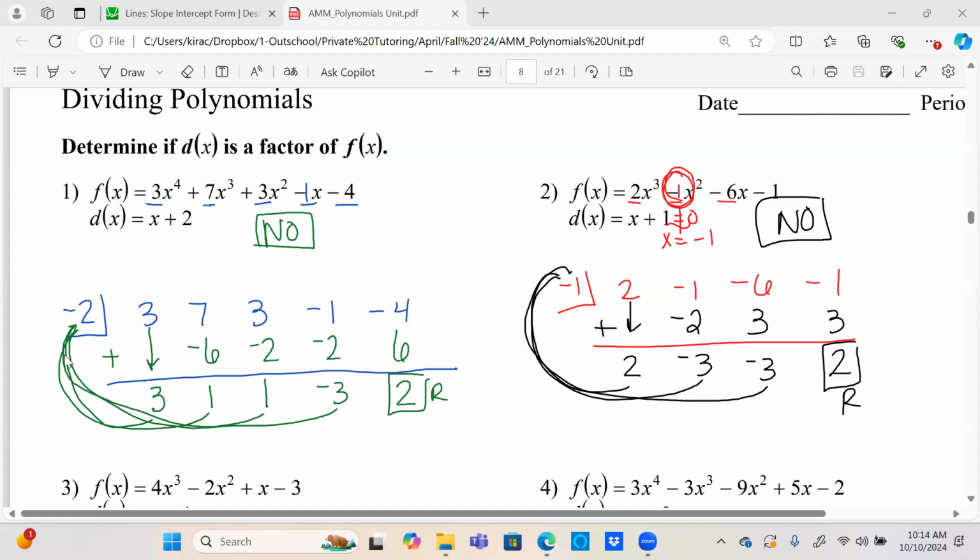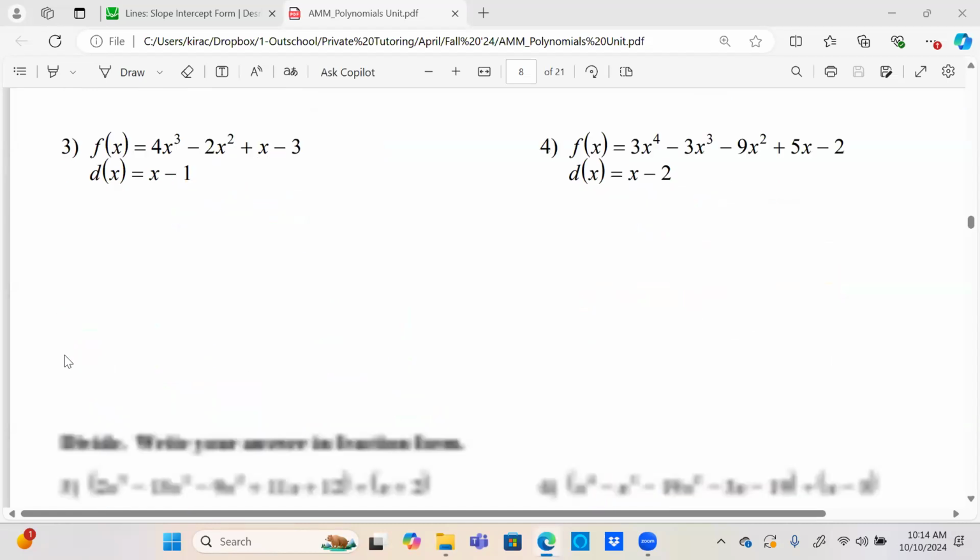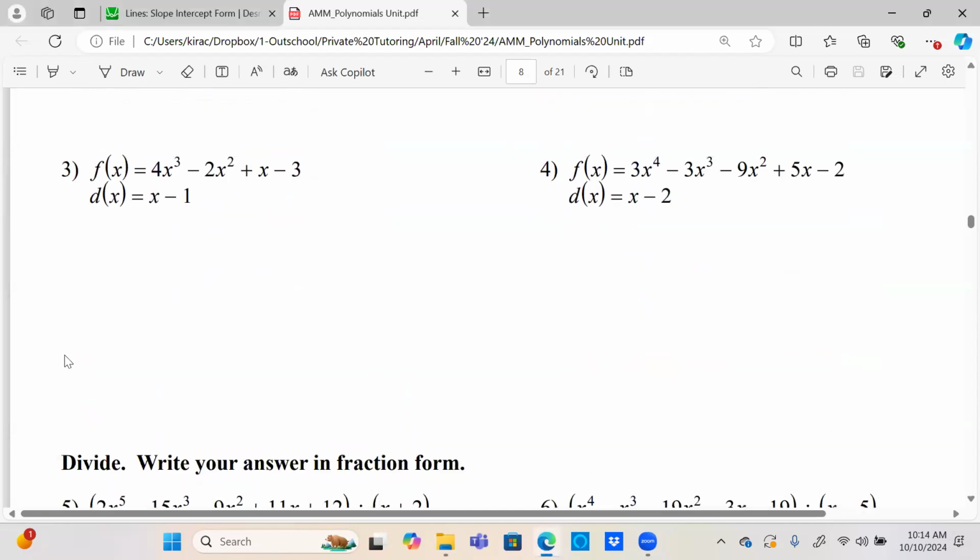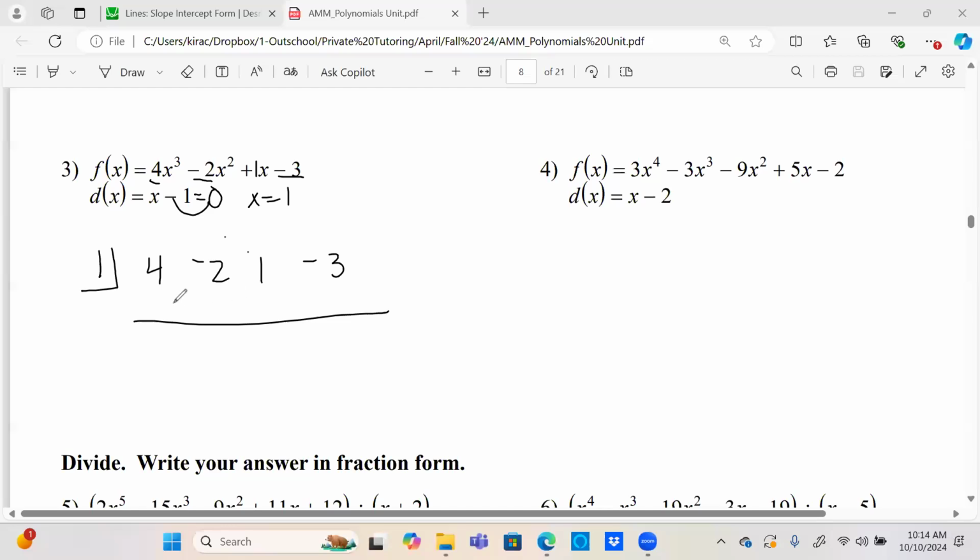And we're going to do this twice more, dropping on down to number 3. We're going to set to 0. Again, you can do synthetic because this is a 1 and this is a 1. Solving that, x would be 1, so that's our timeout number or the box number. And then let's take our coefficients. Don't forget that invisible 1. Skip a line, draw a line, drop down.